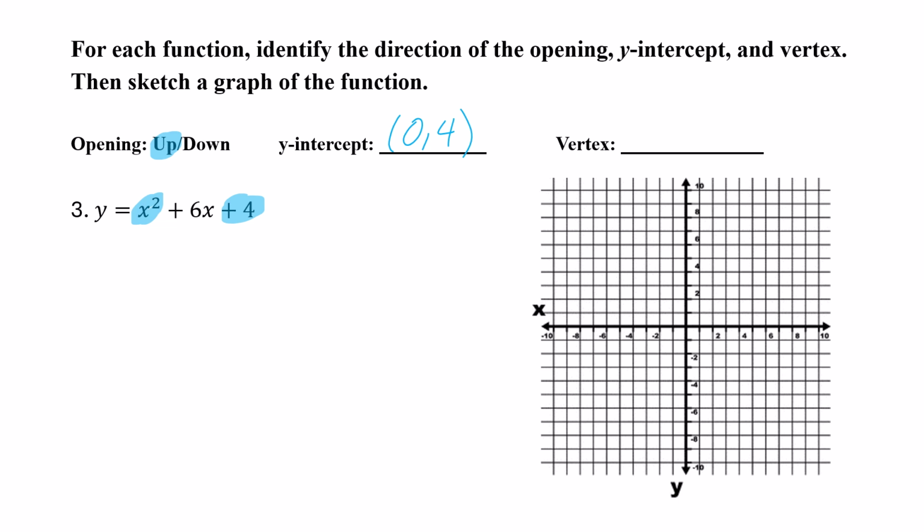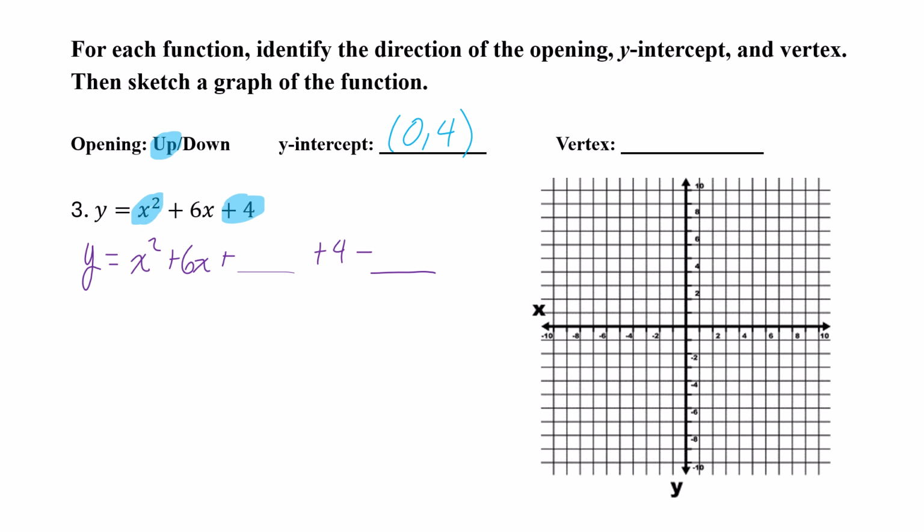Now we want to find our vertex. So in order to find the vertex, we're going to complete the square. So y is equal to x squared plus 6x plus something, and then plus 4, and we're going to subtract that same something.